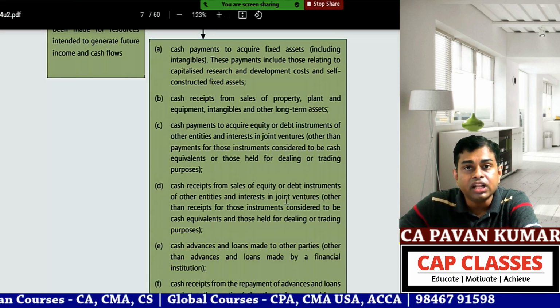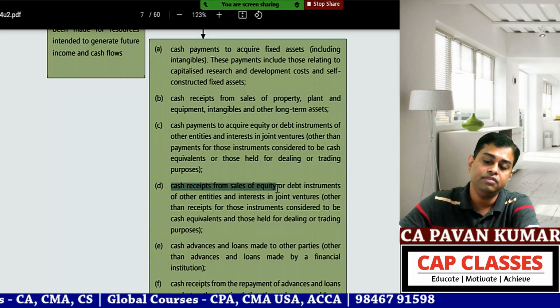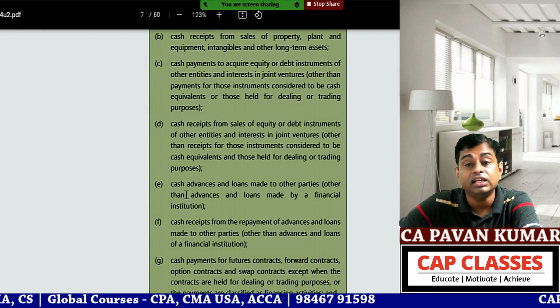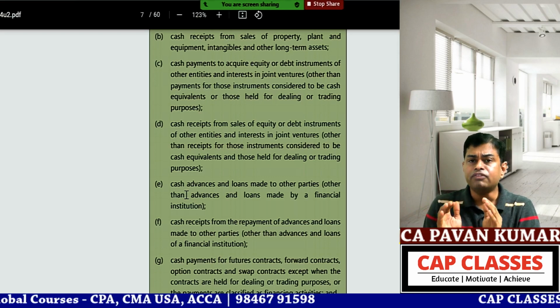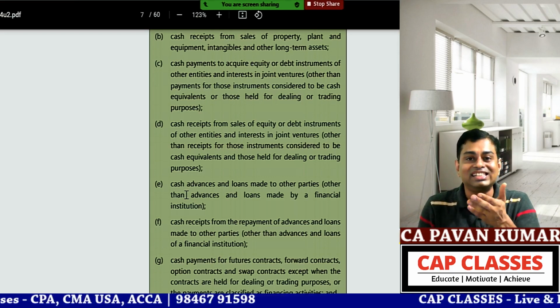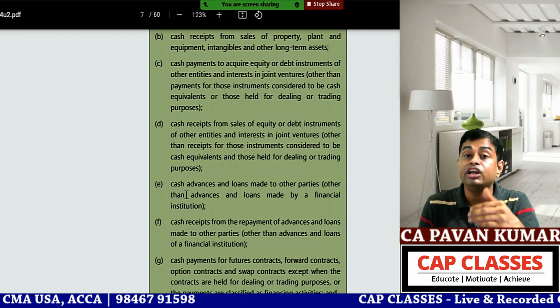Cash payment to acquire equity or debt instrument of other entity. You are buying shares of other entity, investment. Cash receipt from sale of equity or debt instrument, investing. Cash advances, loans made to other parties. If you are a financial institution, this is operating activity. But you know, for example, Tata Motors. Tata Motors is giving loan to one of the group entities. That is investing activity. Tata Finance is giving loan to other entity.